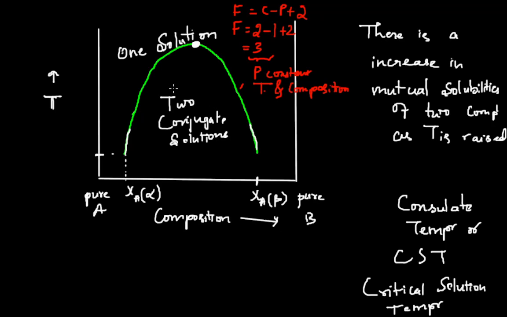Here, inside the curve, F equals C minus P plus 2, two components, two phases, plus 2, which is 2, and again here pressure is kept constant. So other than pressure you need to specify only one, either temperature or composition, to completely specify the point. Okay. An example that shows a phase diagram very similar to this is your water phenol system.